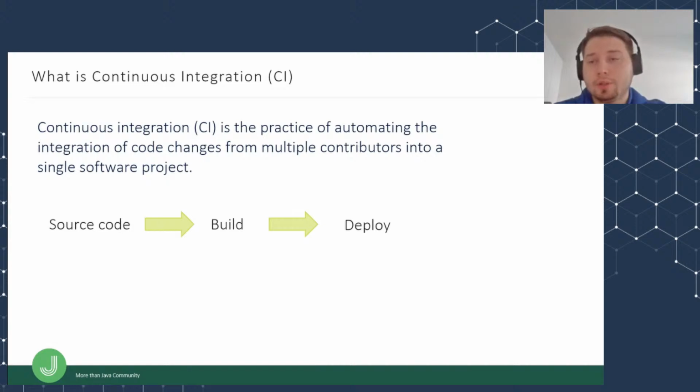And during this Gradle build, some tests need to be executed, and these tests will verify that your small, simple piece of code, additional code, is working correctly. Let's say the build is successful. Your PR can be merged.